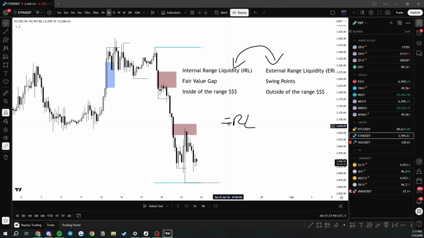But the main thing that I want you guys to think about is that inside a trending environment, we can reliably expect that price moves from ERL to IRL and IRL to ERL.